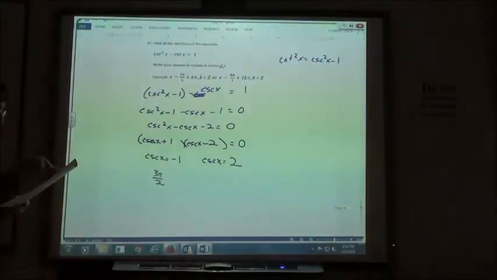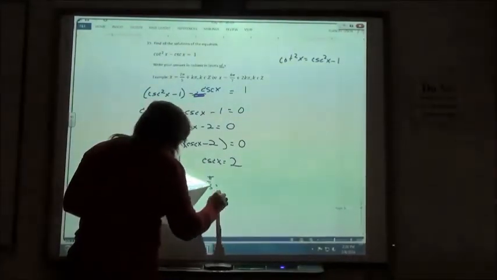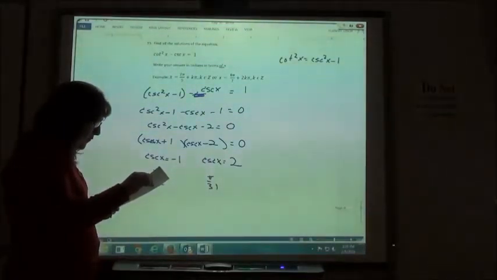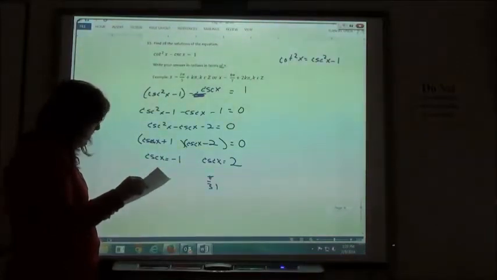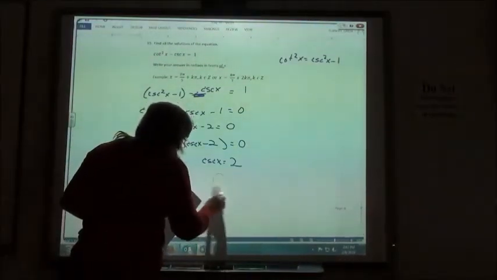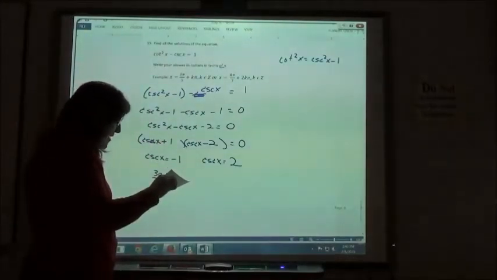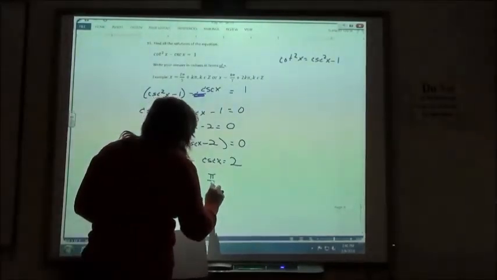Cosecant of x equaling a positive 2. Oops. That was under secant. Let's try that again. Under cosecant of x equals positive 2, I'm at pi over 6 or 5 pi over 6.